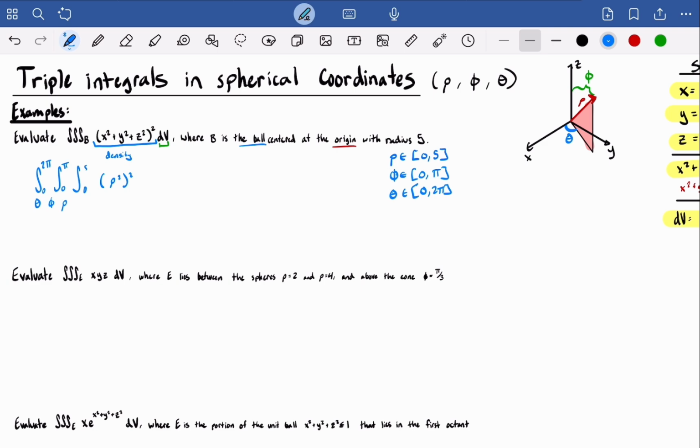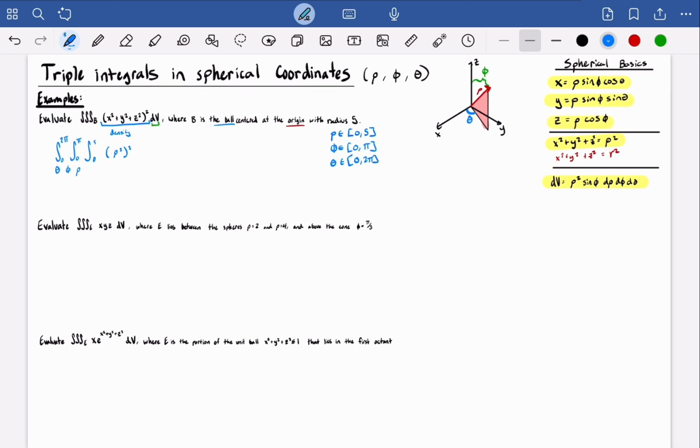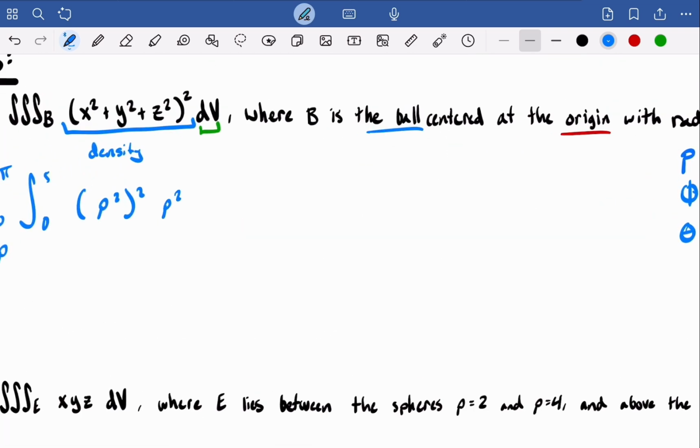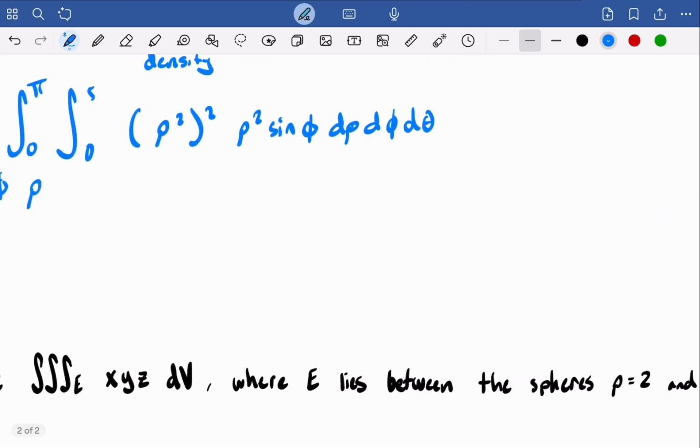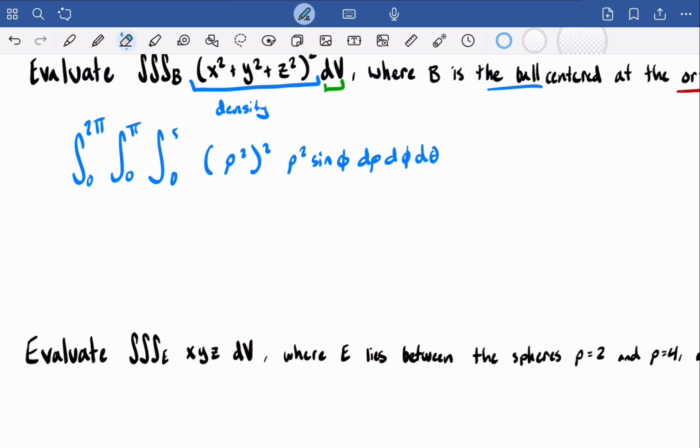Now we have to put in our dv, which is defined as rho squared sine of phi, and then d rho d phi d theta. Now we can simplify this out a bit, and you can match theta, theta, phi, phi. This is basic triple integral stuff. I'm hoping that when you're at this level, you already have a lot of that knowledge.